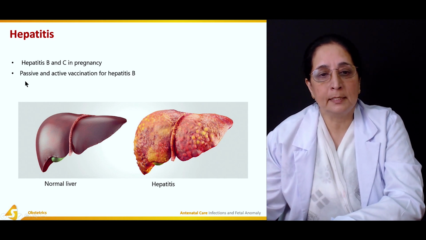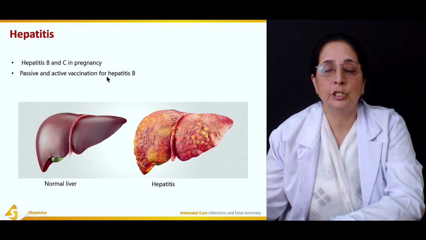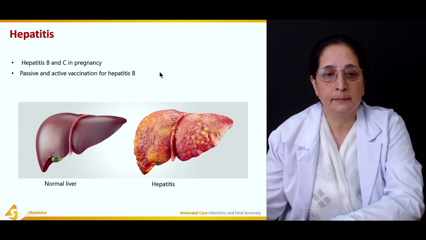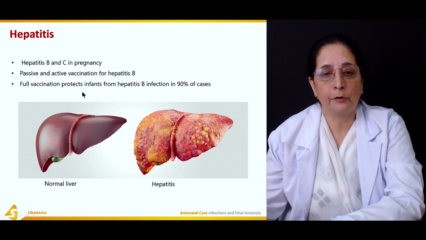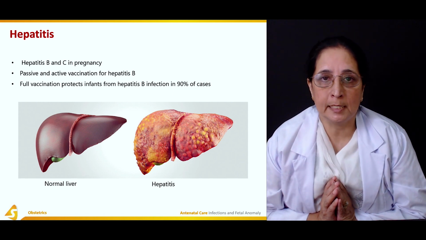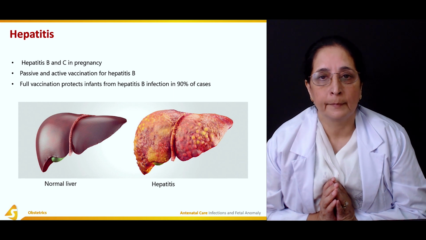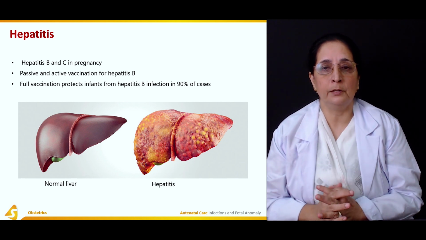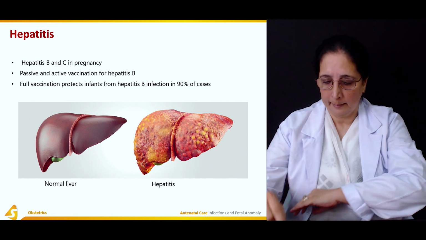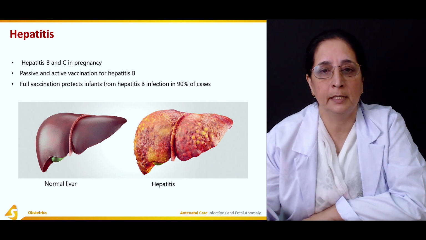We can do passive and active vaccination for hepatitis B, which is important. Full vaccination protects the infant from hepatitis B infection in 90% of the cases. So B is very common during pregnancy, and active and passive vaccination can prevent the infection in the infants.